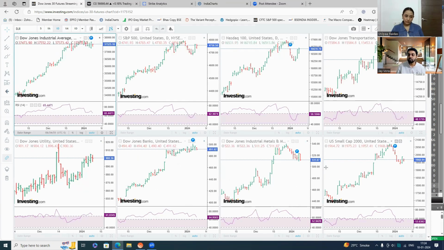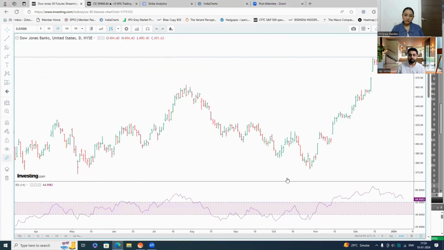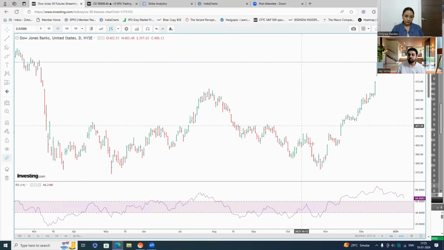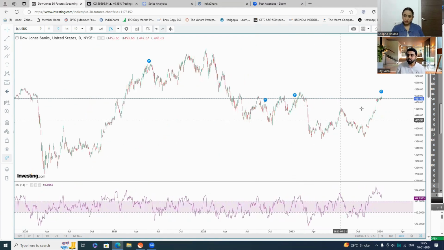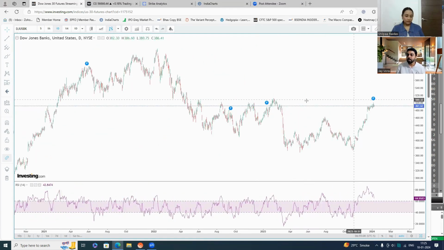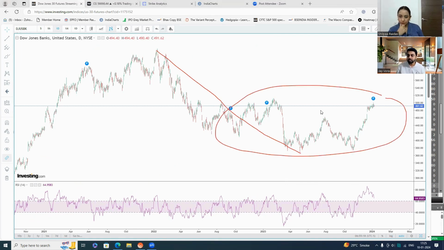But when you zoom out the chart and understand the chart structure, that is the only time you'll get to know how the internals are. And the internals, to me, honestly, look a bit weak, because many people are saying that the US banks are at a new 52-week high, but when we look at it from an overall context, they have been falling without any major retracement, and it's only now that it has gone up.